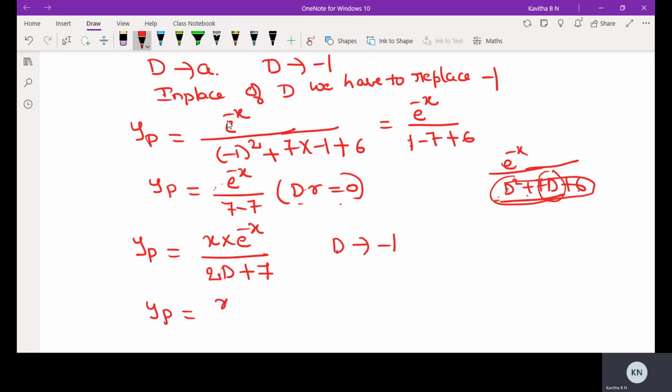Yp is equal to x e to the power of minus x whole divided by 2 into, in place of d, minus 1, plus 7.